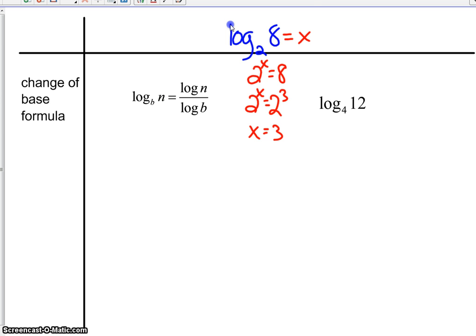If I go on to do that to this log base 4 of 12, and I rewrite it in exponential form, I'm not going to be able to get 4 and 12 in terms of a like integer base. Obviously I can get it in form of the same base, but not in an integer value. So the change of base formula is going to help us, and here's where it comes from.